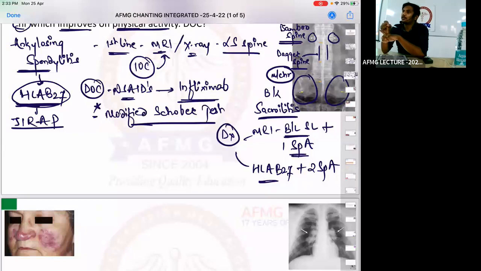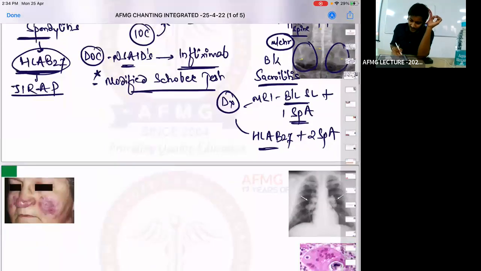R for Reiter syndrome; the new name is reactive arthritis. A for ankylosing spondylitis. And P for psoriatic arthropathy. I hope we are done with this.